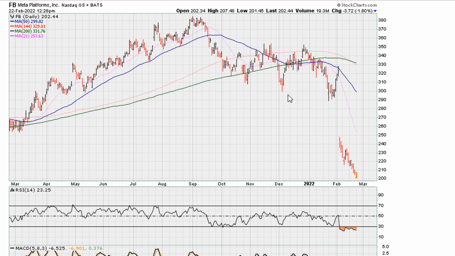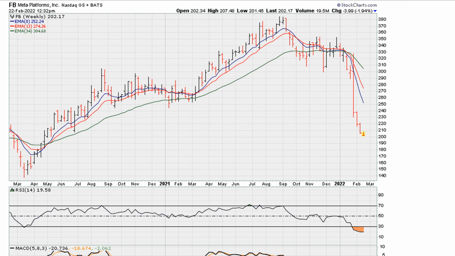Now, if you take a look at the weekly, again, the RSI on the weekly, this is a really bearish setup here. Once the RSI dropped below 30.9 on the weekly, this was now increasing the odds for prices to be sideways or down. And of course, we can see the stock chose this path of downward action.